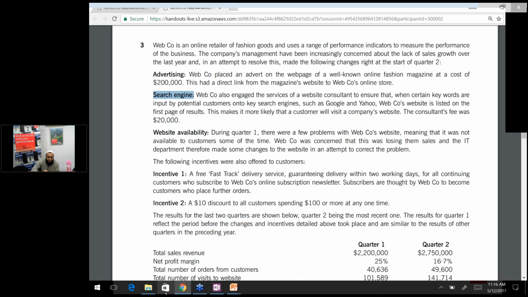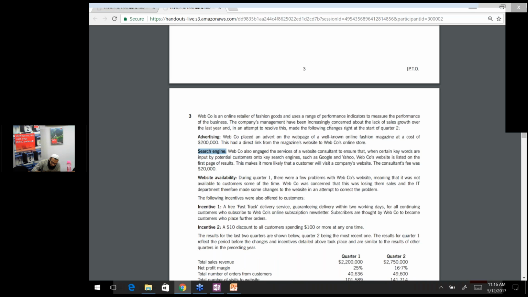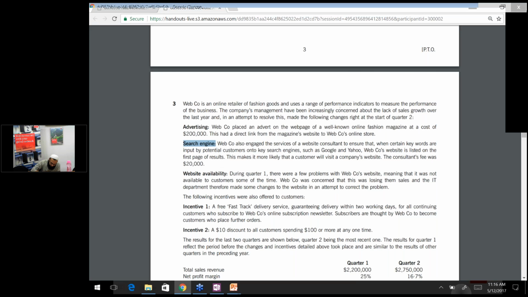SEO, search engine optimization. I'm sure you must have the knowledge of SEO. Google, Yahoo, whenever you search, you get the names of the things that you wanted to see. So it spent 20,000 on a consultancy fee for SEO.